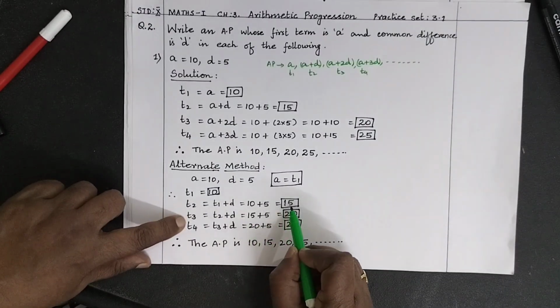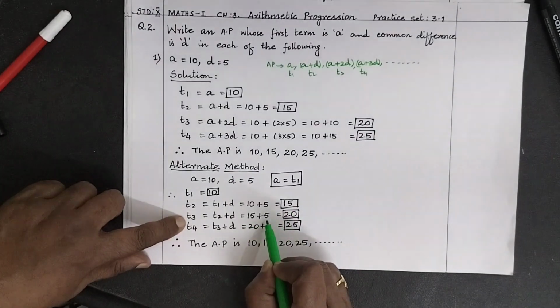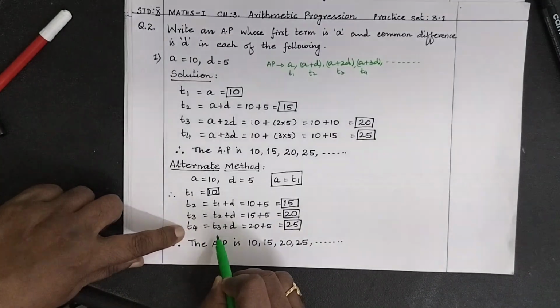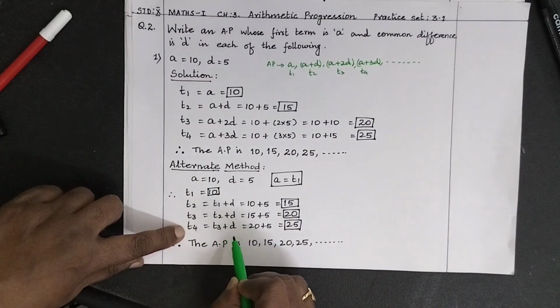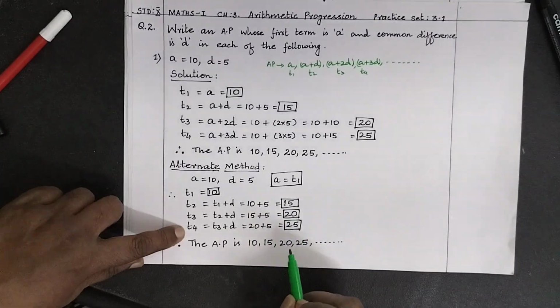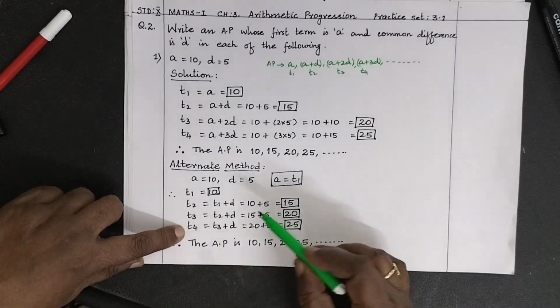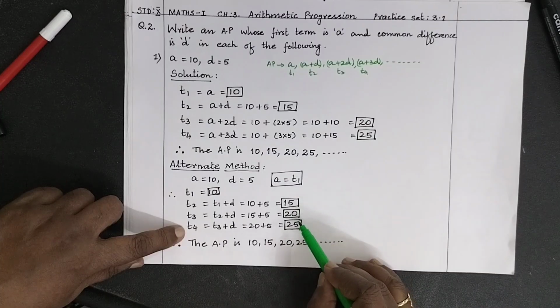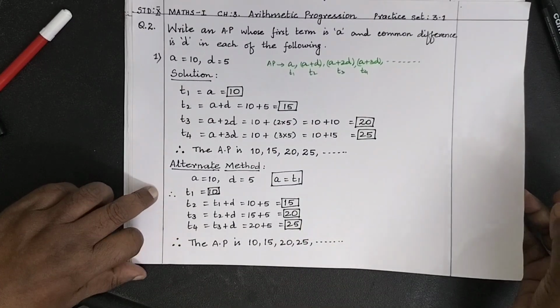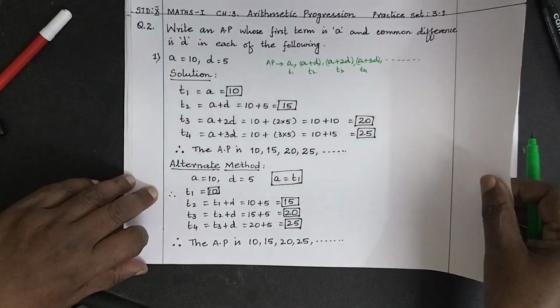So second term is 15 plus common difference 5, which is equal to 20. Fourth term, third term plus common difference, which is equal to 20 plus 5, which is equal to 25. Therefore, the AP is what? 10, 15, 20, 25, etc. So you can follow any one method.